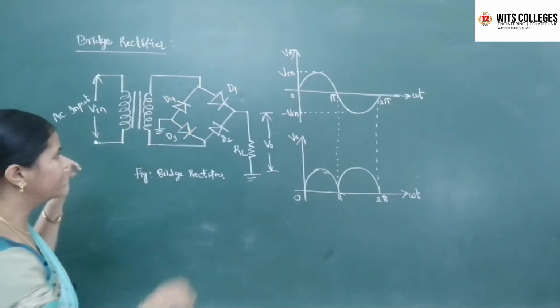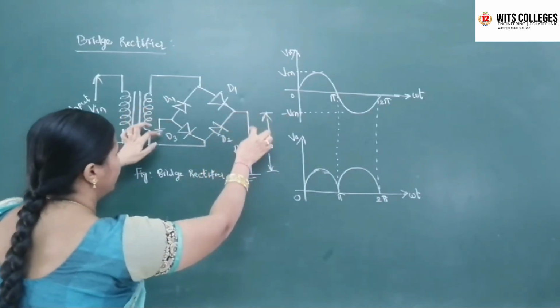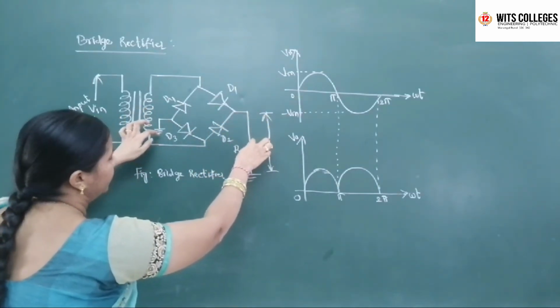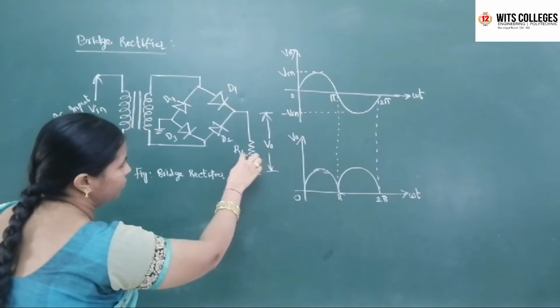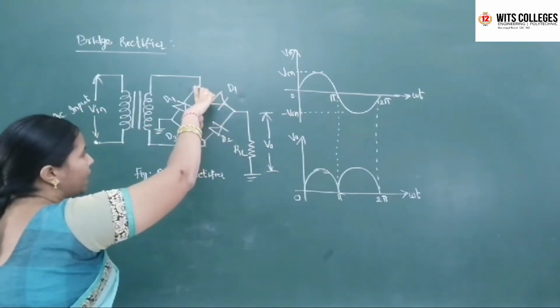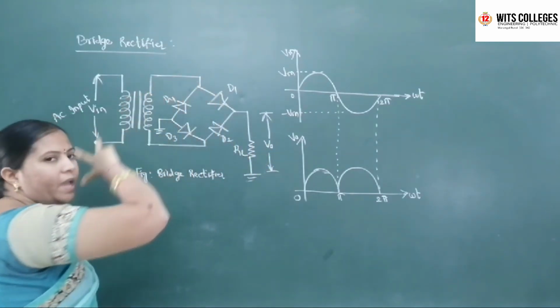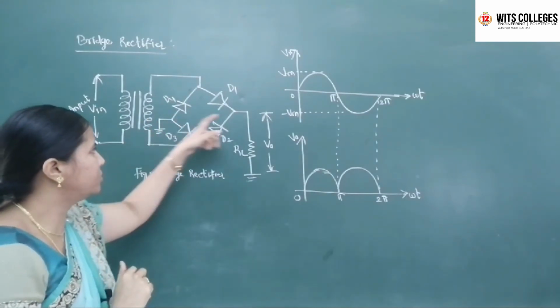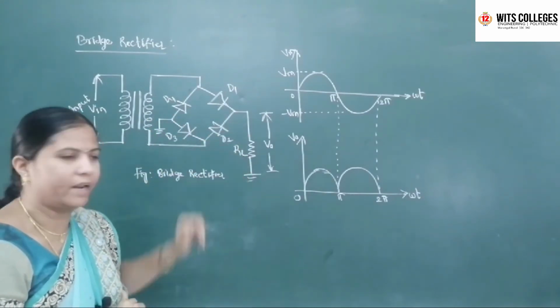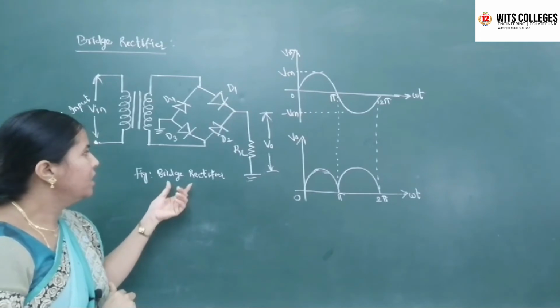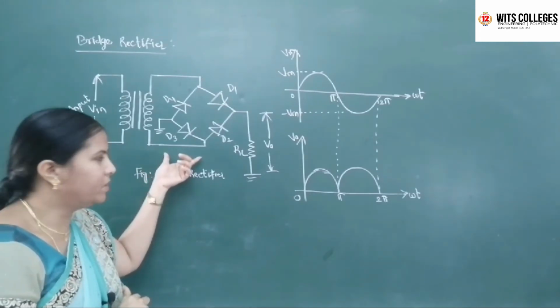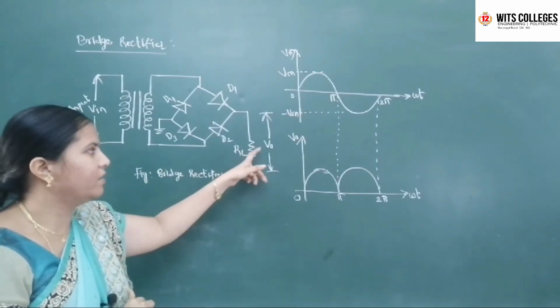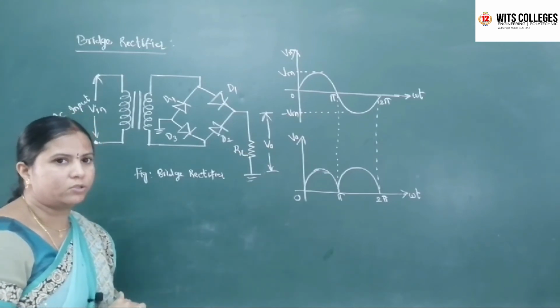The other two ends of the bridge rectifier circuit are connected to the load resistor. So these 2 diagonal ends are connected to the AC input, and the other 2 are connected to the load resistor RL. This is the construction of the bridge rectifier. At the load resistor RL we are taking the output voltage.